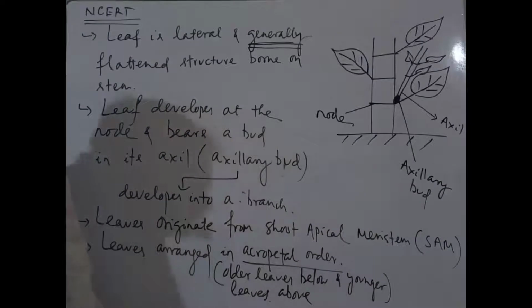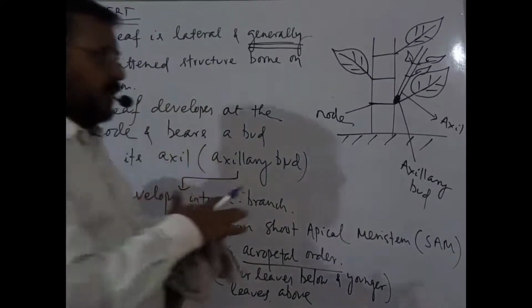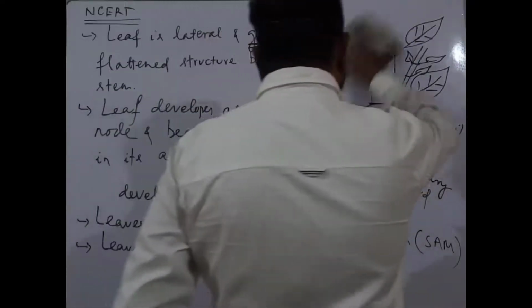जैसे एक ब्रांच हो या स्टेम हो, जैसे वो ग्रो करते जाएगा तो नया लीव्स ऊपर की तरफ रहेगा और पुराना लीव्स नीचे की तरफ रहेगा.